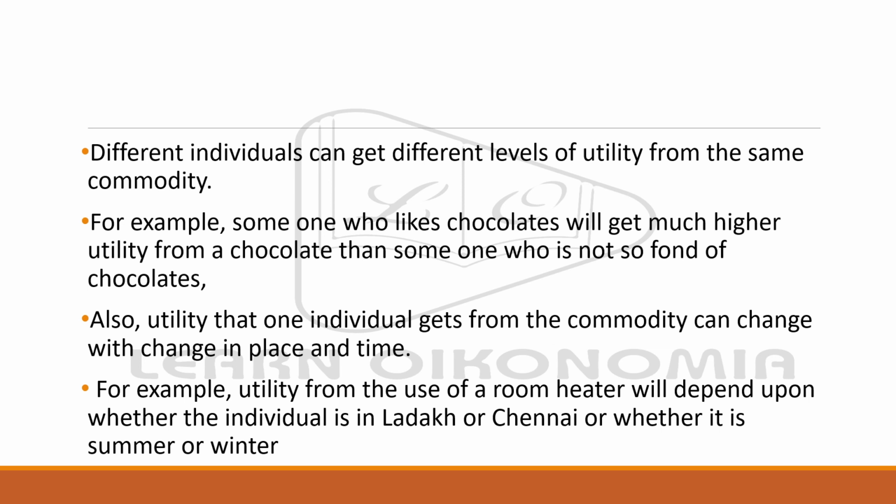So why do you think that different individuals would get different levels of utility by consuming the same commodity? This is because, as I have already told you, different people have different likes and dislikes. For example, take the case of chocolate. There can be two sets of people in our world: those who like chocolate, and those who are not fond of chocolate, or who even hate chocolate.